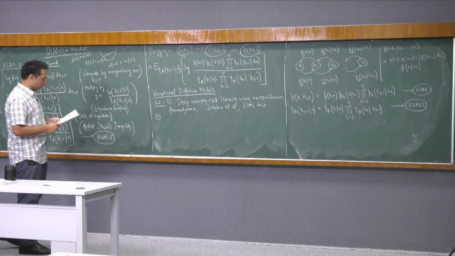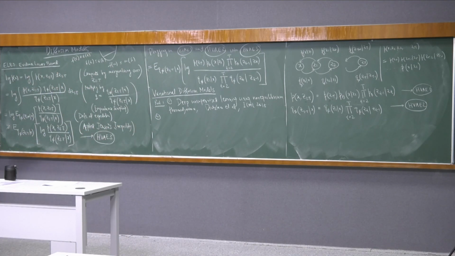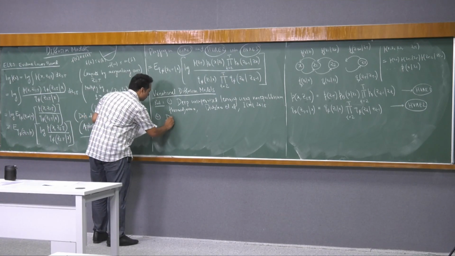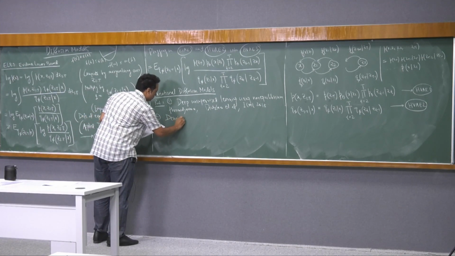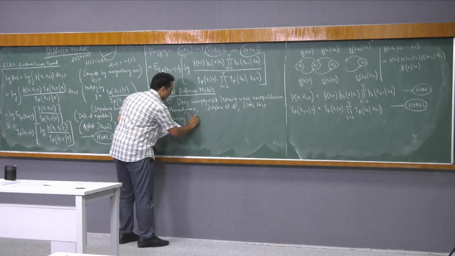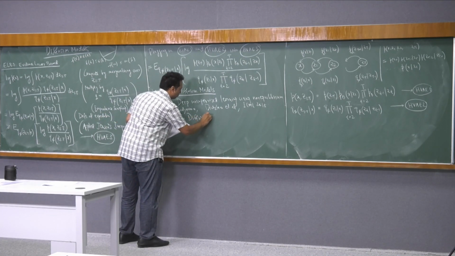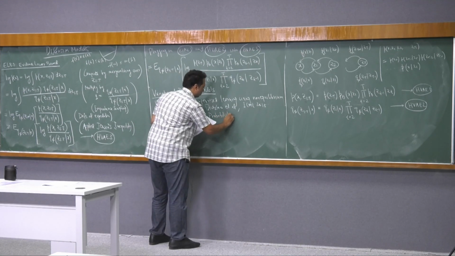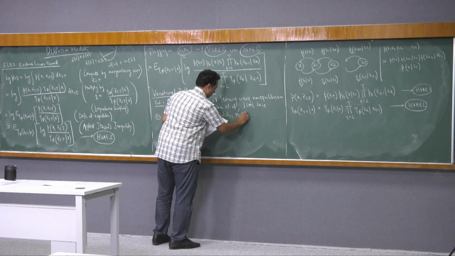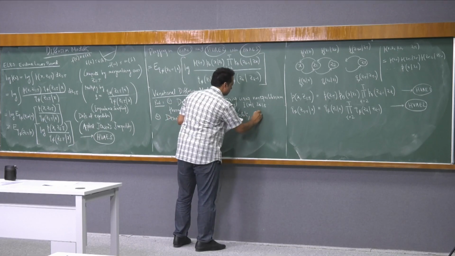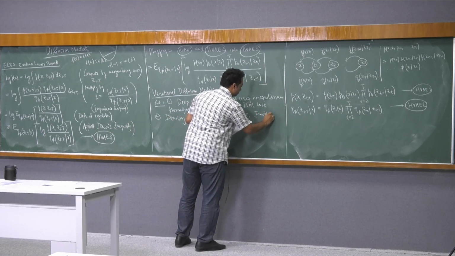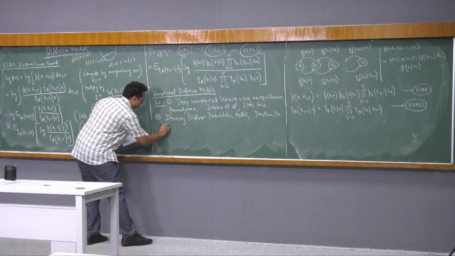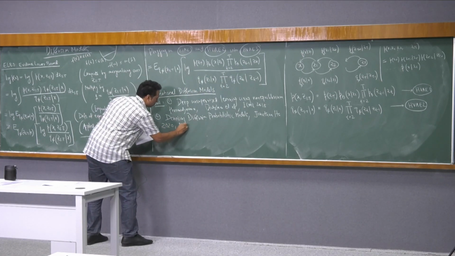And then there is something called Denoising Diffusion Probabilistic Models, by Jonathan Ho in 2020 at NeurIPS.